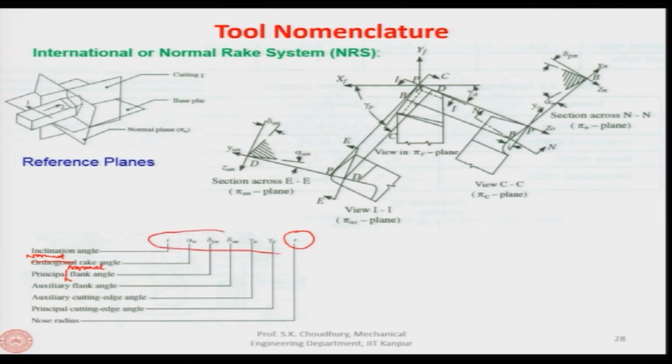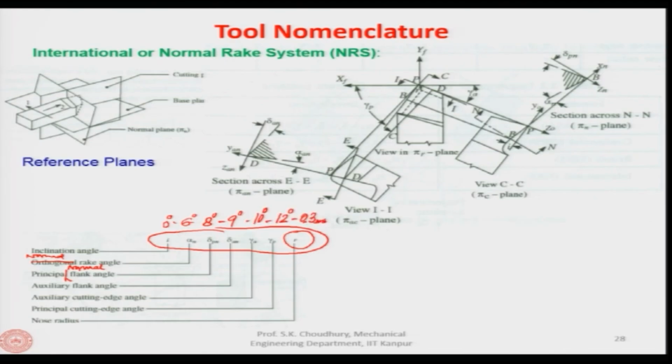In this particular sequence, when you are purchasing a tool in the NRS system, the angles will be given like 0 or 6 degree, let us say, then it can be 8 degree, 9 degree, 10 degree, just an example, 12 degree and 0.3 millimeter.